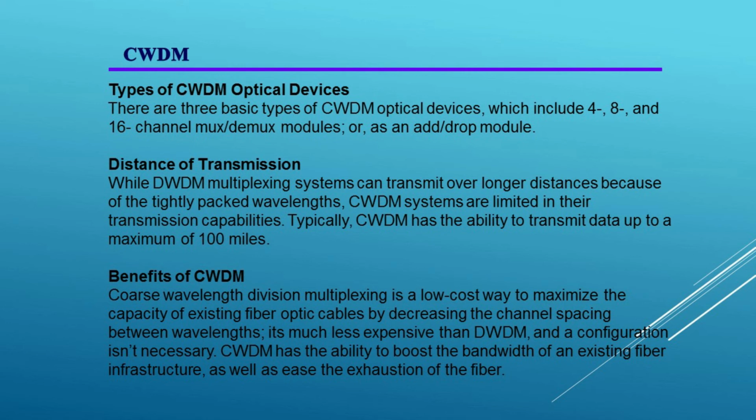Coarse wavelength division multiplexing is a low-cost way to maximize the capacity of existing fiber optic cables by decreasing the channel spacing between wavelengths. It's much less expensive than DWDM, and a configuration isn't necessary. CWDM has the ability to boost the bandwidth of an existing fiber infrastructure, as well as ease the exhaustion of the fiber.